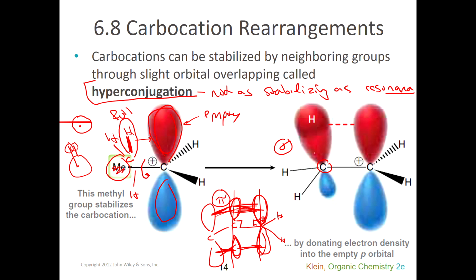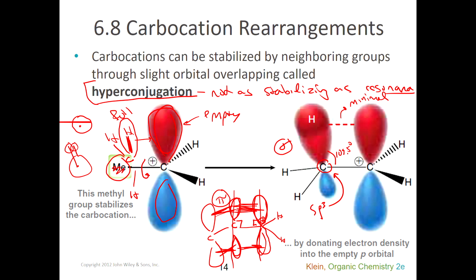If this is a sigma bond here, this angle is 109.5. This is not resonance. This is an sp3 hybridized carbon. Its CH sigma bond is not straight up and down parallel with this p orbital. So the degree to which they overlap is minimal. It's significant, but it's minimal compared to resonance.